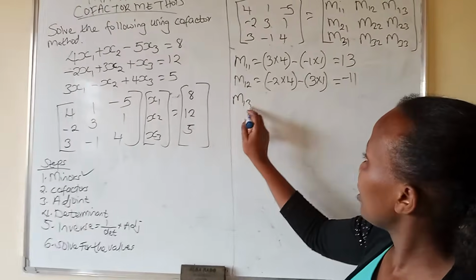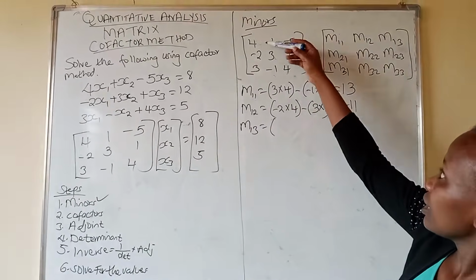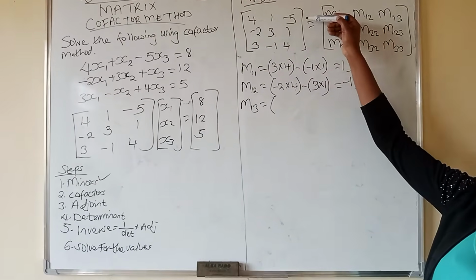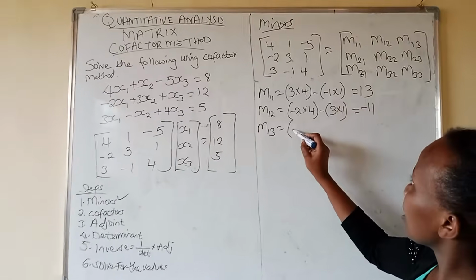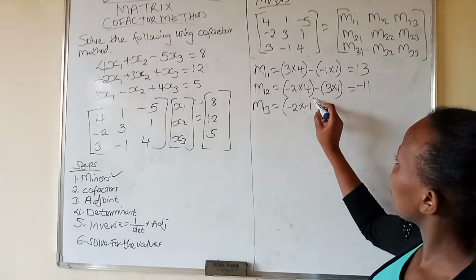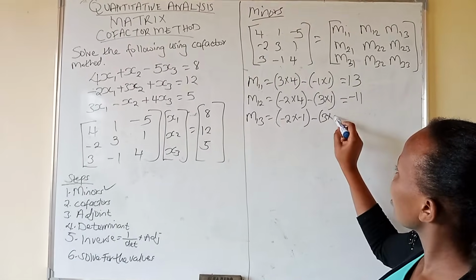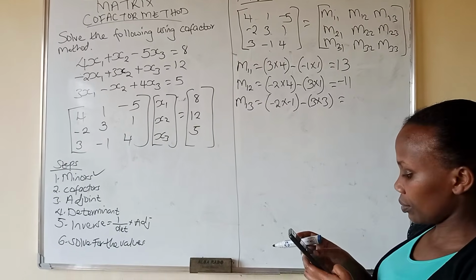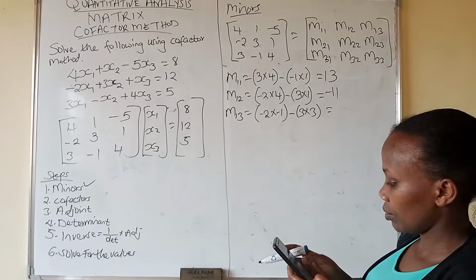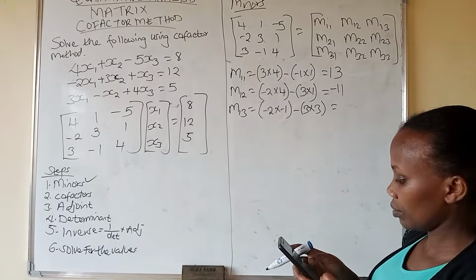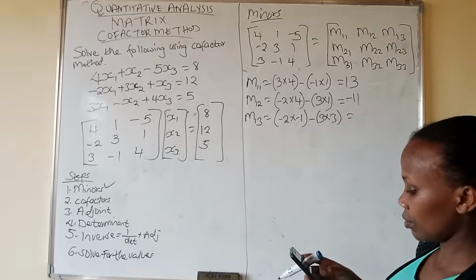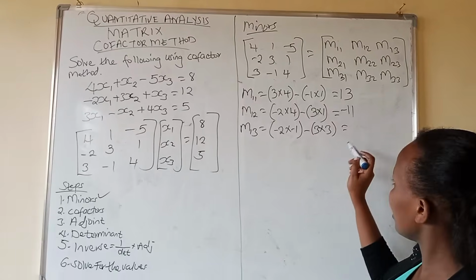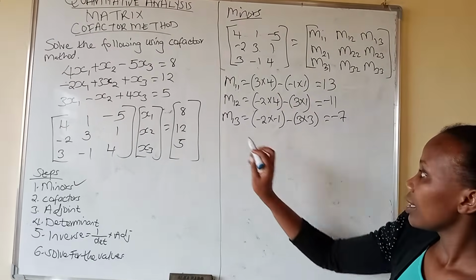Then next M13, the ones that are not in row 1 and column 3, which are negative 2 times negative 1 less 3 times 3, which is negative 7.